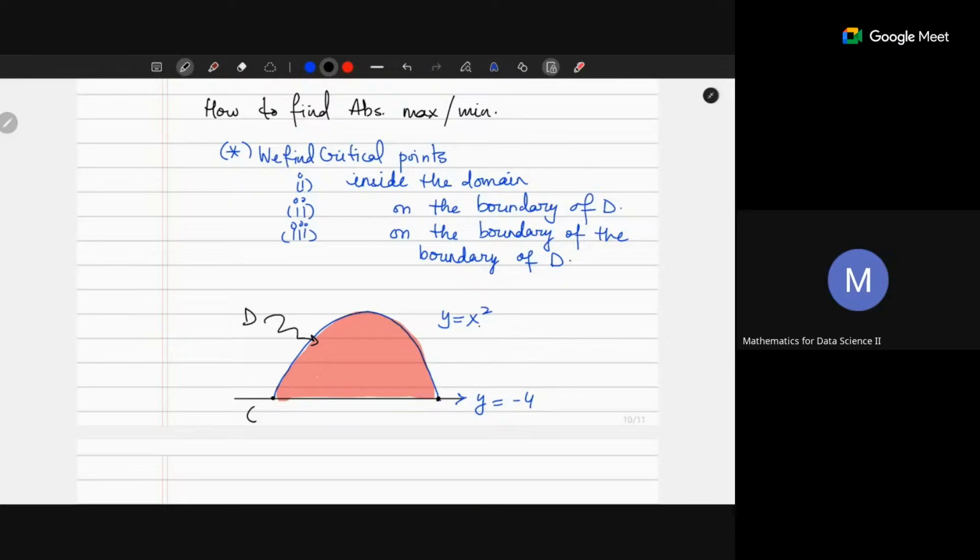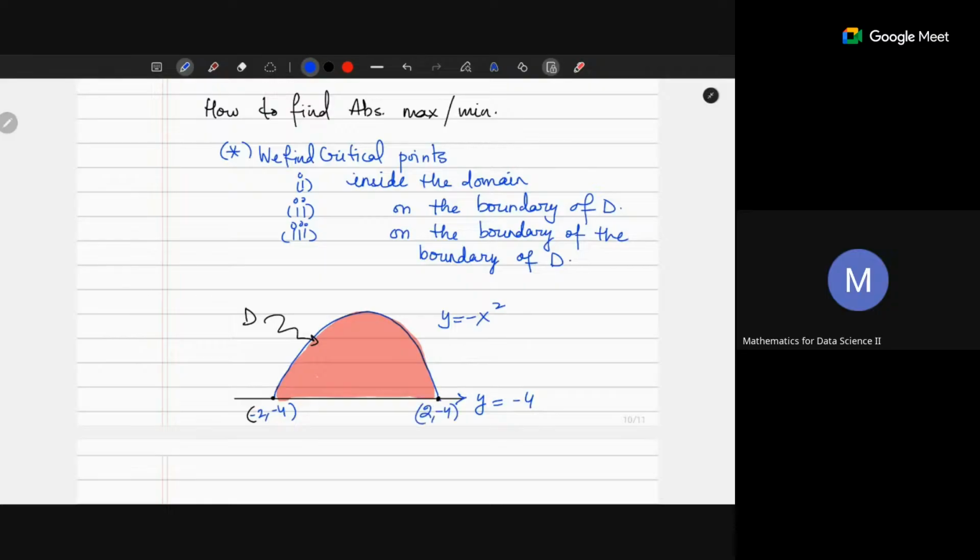Sorry, this is y equal to minus x square. So the corner points are -2, -4 and 2, -4.